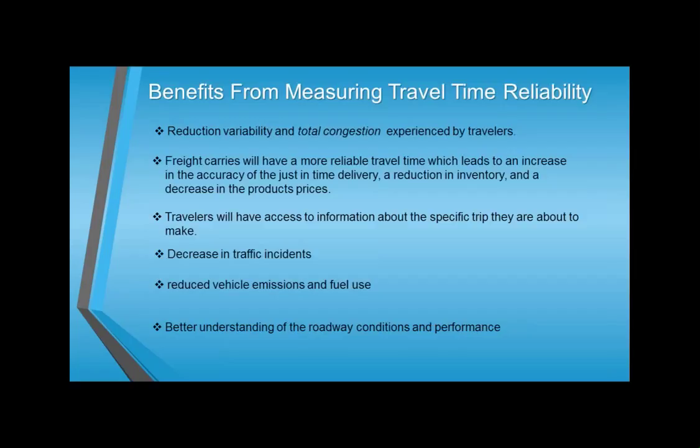Also, the travelers will have more information about the trip they're about to make, and we are going to be able to reduce the vehicle emissions and the fuel usage, because we're going to have fewer vehicles stuck in traffic.